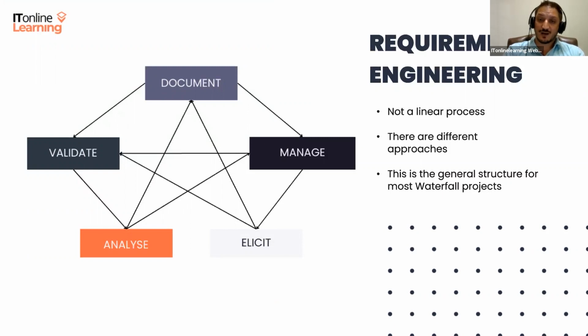So we also now need to understand that there are different approaches to requirements engineering. As we have said, some organizations may take one approach, and there may be organizations that take another approach. And usually this is defined at the beginning of the project when they decide how the system is going to be built. So is it going to be built using a linear or waterfall project lifecycle, or is it going to be built using an agile project lifecycle?